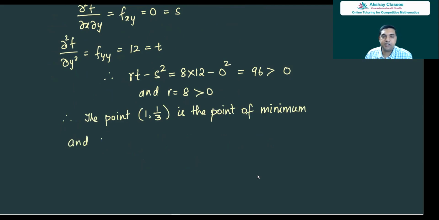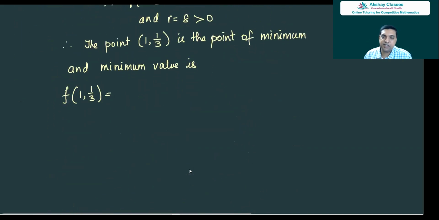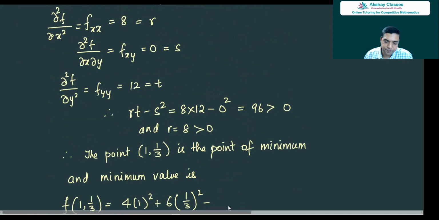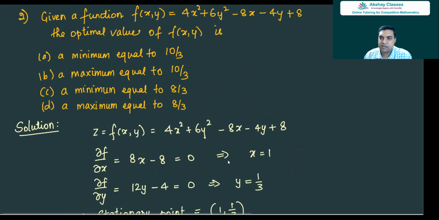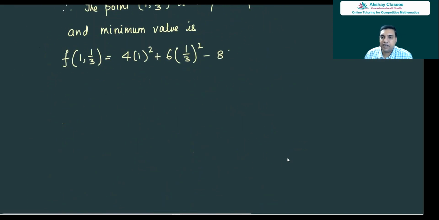And the minimum value is, substitute f of (1, 1/3), 4x square plus 6y square minus 8x minus 4y plus 8. So 4 into 1 square plus 6 into (1/3) the whole square, minus 8 into 1 minus 4 into 1/3 plus 8.